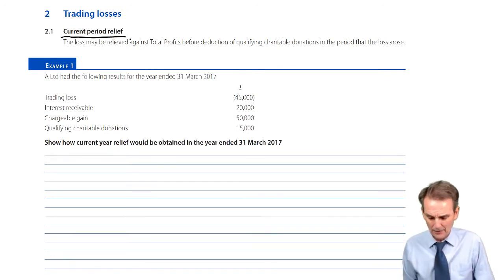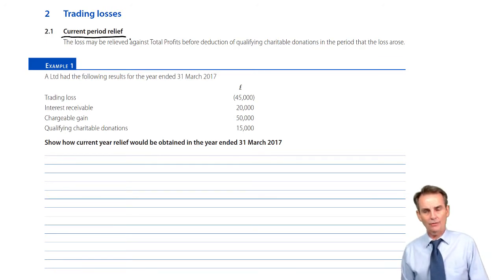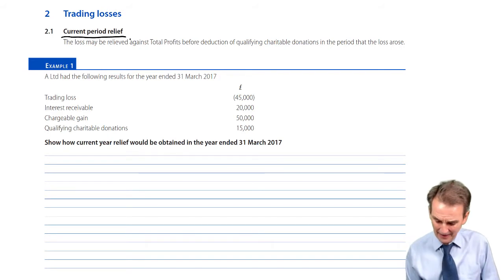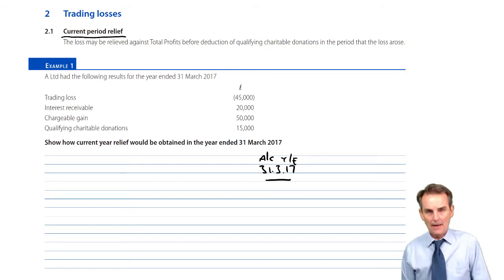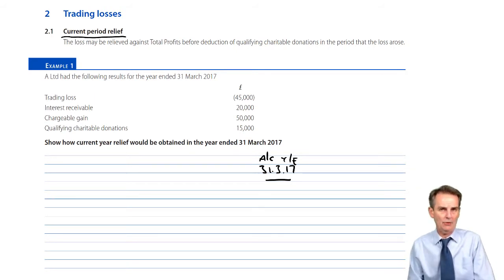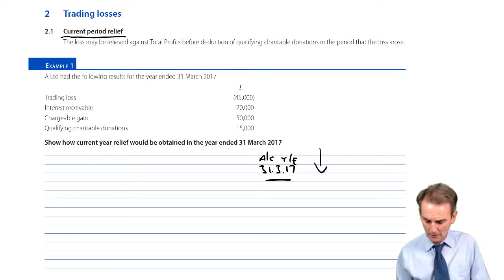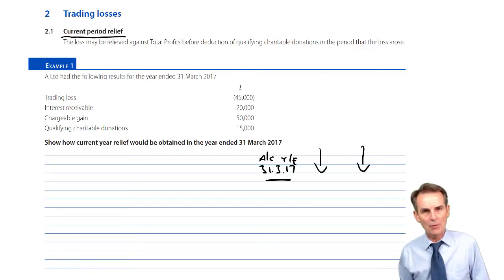So what we've got to do is to prepare our answers for these accounting periods on a columnar basis. Now here, there is only one period. It's the accounting year ended 31st of March 17. If you were dealing with more than one accounting period, then you'd have a column for each such accounting period here on the right-hand side of your page. So put it into columnar form.